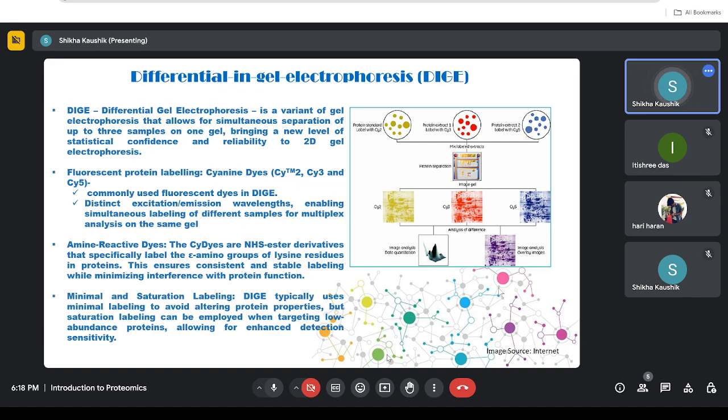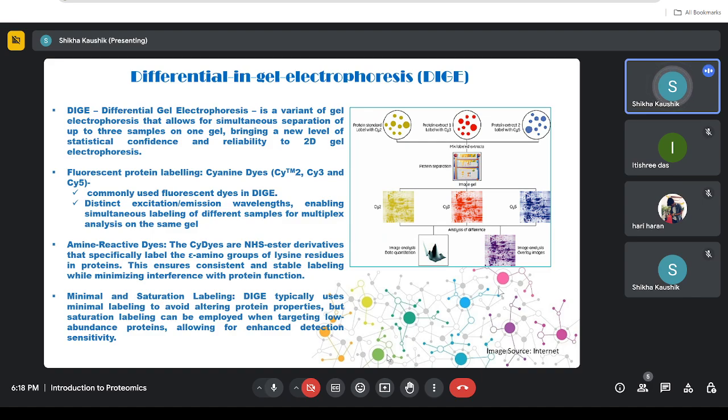These are the different color based variations of the dye, and they have different excitation and emission wavelengths. When you are using a particular dye like Cy2, it will give you a yellow color detection. Your spots are going to appear in yellow.